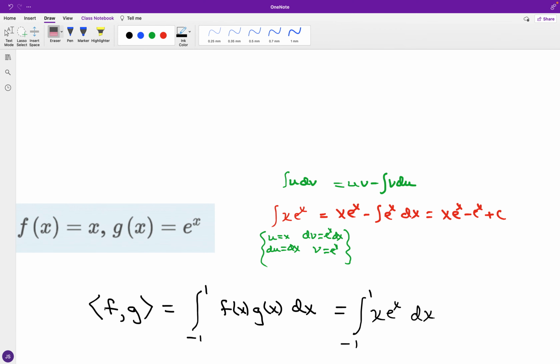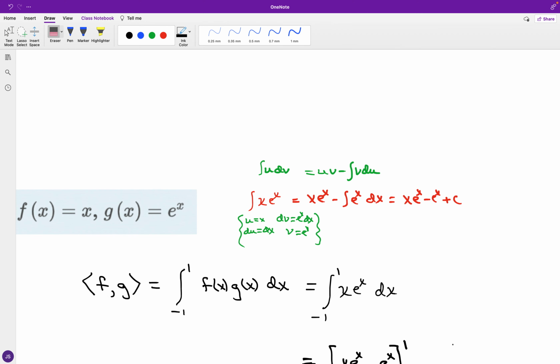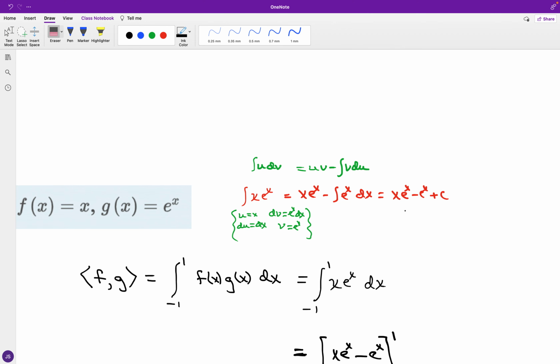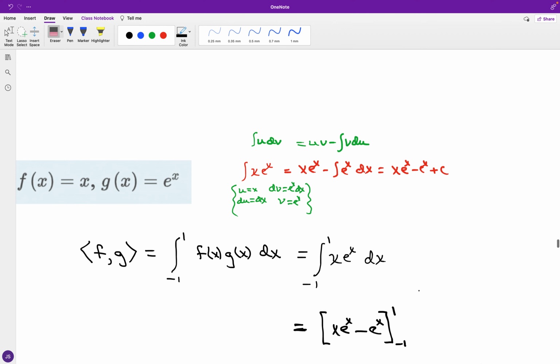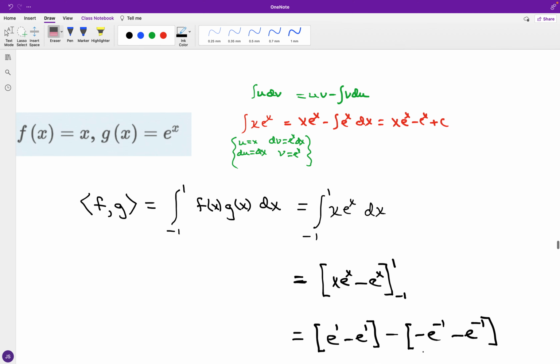Now, working with the closed interval, with x going from negative 1 to positive 1, we have f of x times g of x, which is x times e to the x. We already have the antiderivative established. So we're looking at x e to the x minus e to the x as x goes from negative 1 to positive 1. Substituting at the upper limit 1, we have e to the first minus itself, so that goes out.